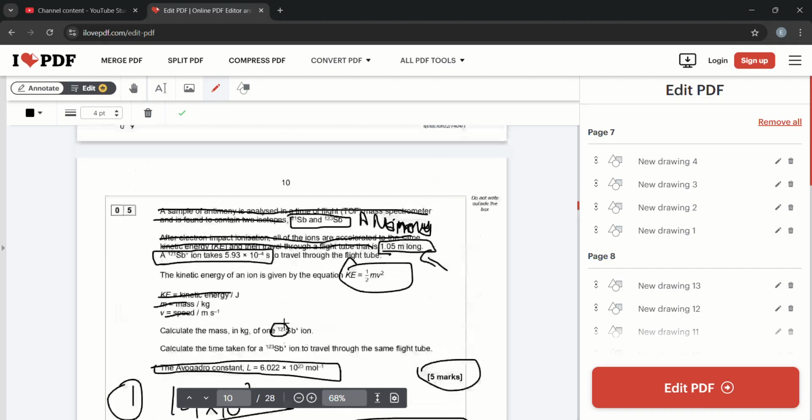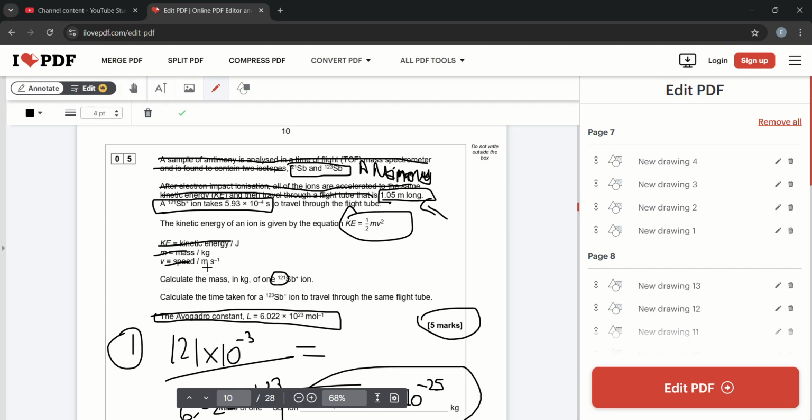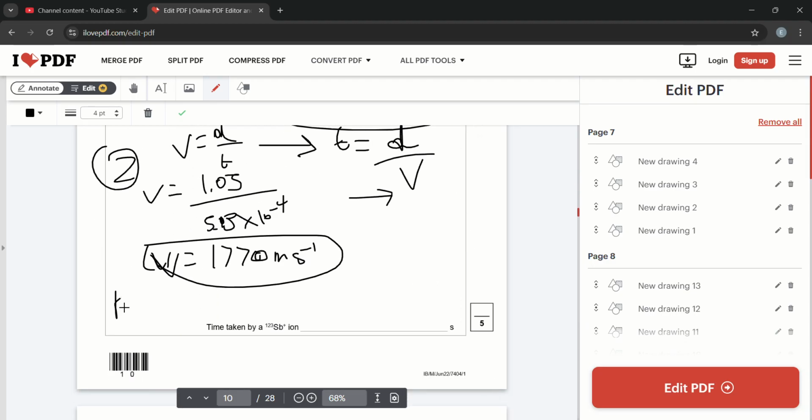Now, the reason we calculate the velocity is not to calculate the time taken. You guys might be wondering, well, just substitute there. No, this is for a 121 Sb plus ion. We need to find the time taken for the 123 Sb plus ion. That's going to have a different velocity. But the whole point of doing this is now we can find out the kinetic energy.